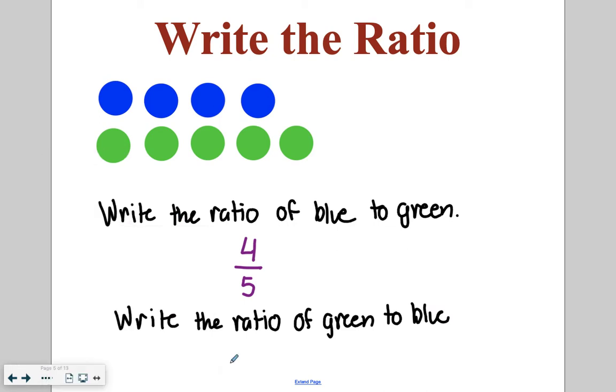So our answer for this one would be 5/4. You do not simplify improper fractions when you are talking about ratios. You leave it as the improper fraction. So you would not change it into 1 and 1/4. We do not want mixed numbers. You leave them as an improper fraction.